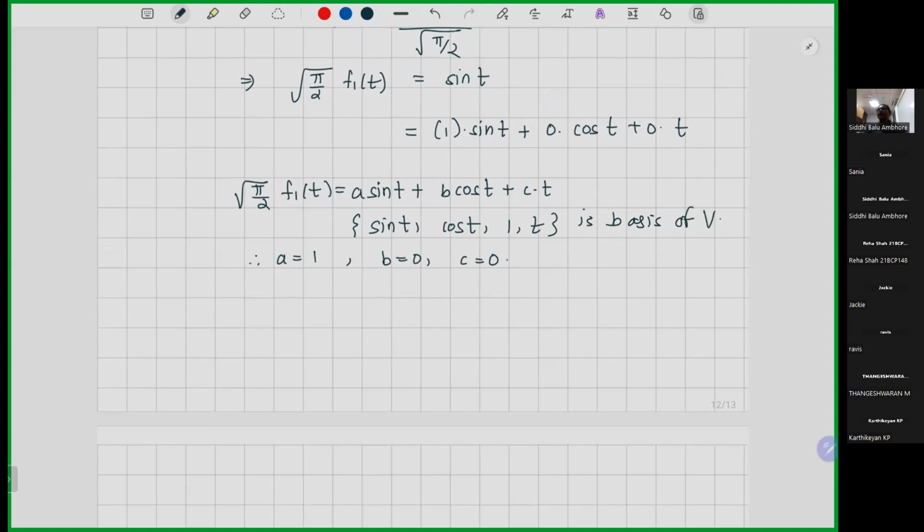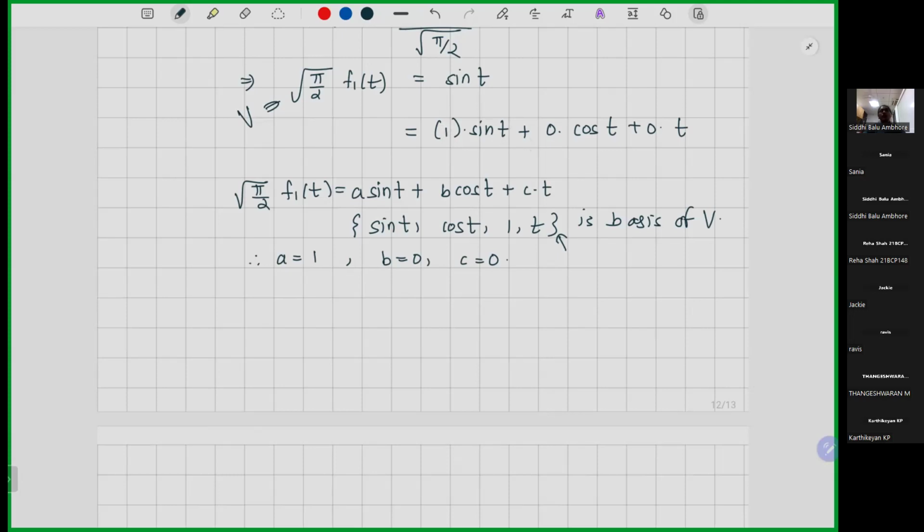So I don't need to find all these f1, f2, f3, f4 and go on. Just knowing the fact that this is a basis, because any given element from the vector space can be uniquely written as a linear combination of basis elements. So this element belongs to V, and can be written as 1 into sine t, since sine t is a basis element.